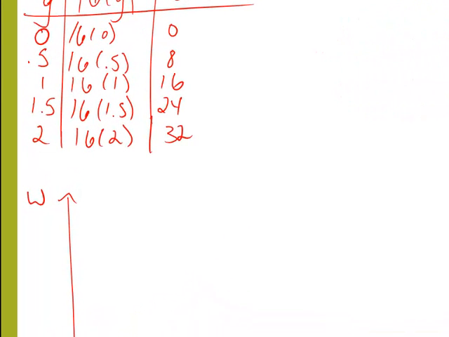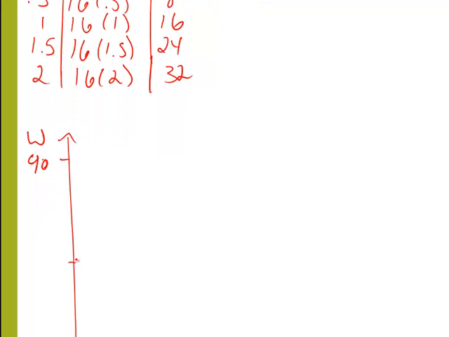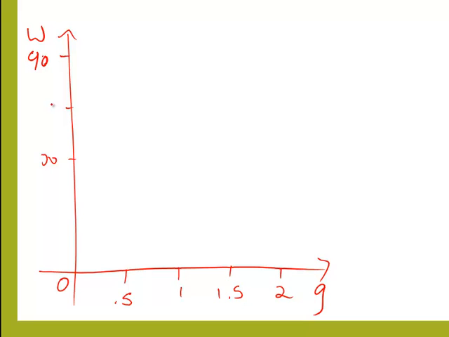And then our output, our largest number is 32. So I'm going to round that up to 40, and that'll be your largest number on your y-axis. So that'll be 10, 20, and 30.